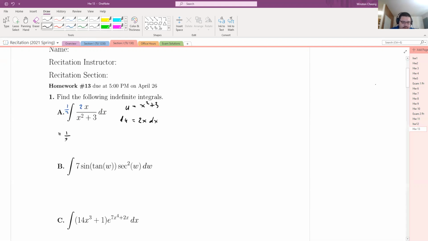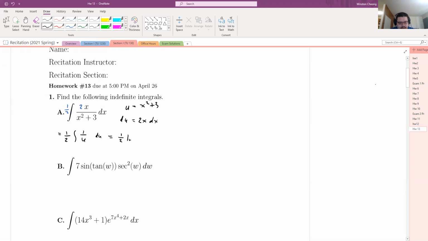And then we can now rewrite the integral. So 2x dx gets converted into the du. And then you have a 1 over x squared plus 3. That's a 1 over u. So this is the integral that you get when you perform this u substitution. And then the next thing is just integrating it.